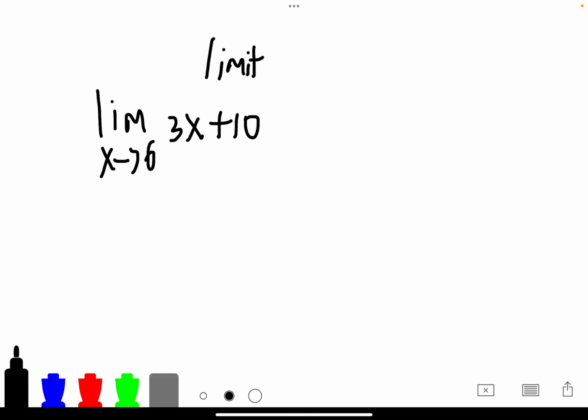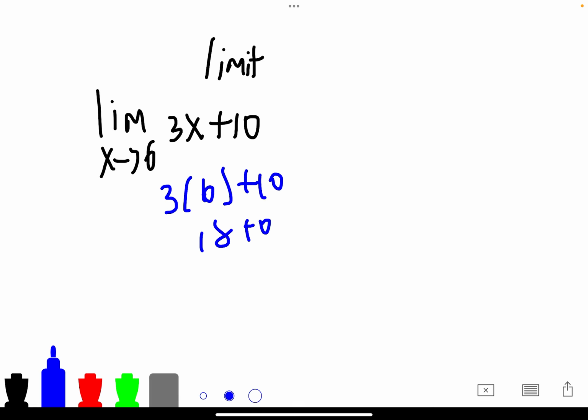One of the strategies is direct substitution, which is just plugging in for x since you don't have any restrictions. So you could say 3 times 6 plus 10, so that's 18 plus 10, which is 28.